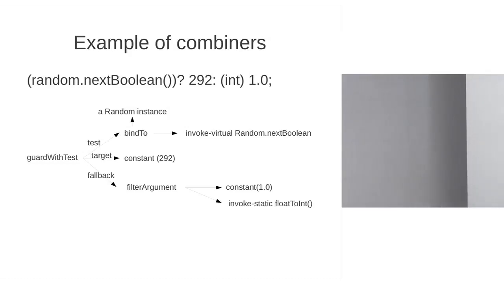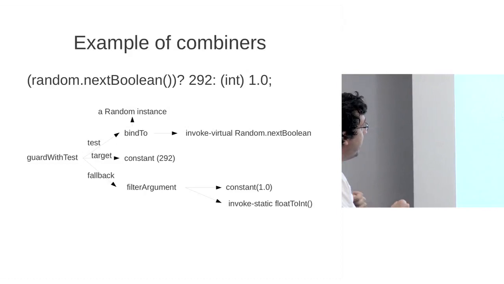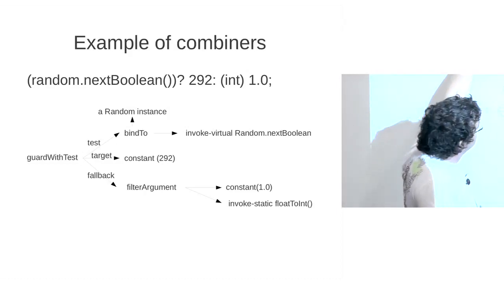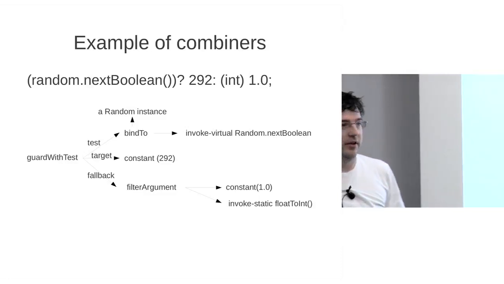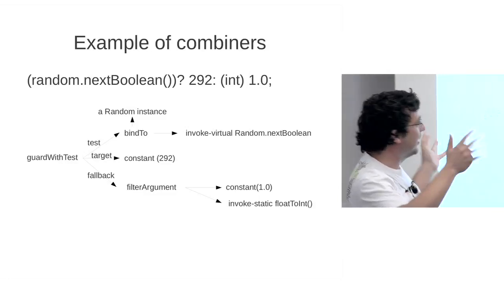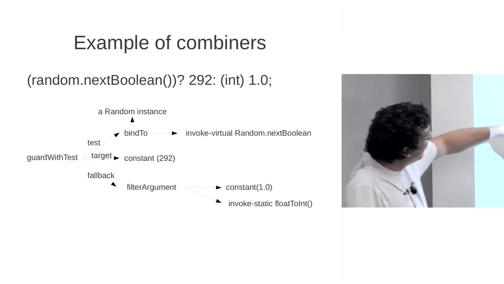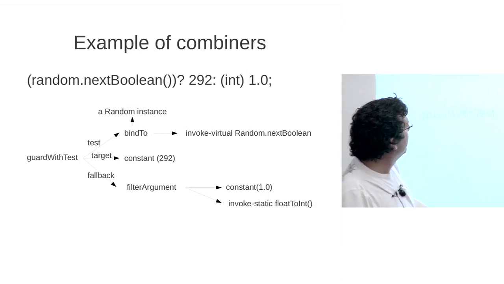Let's say I want to implement this using MethodHandles. So I have if-else things in JSR 292. It's guardWithTest, and you specify 3 MethodHandles.